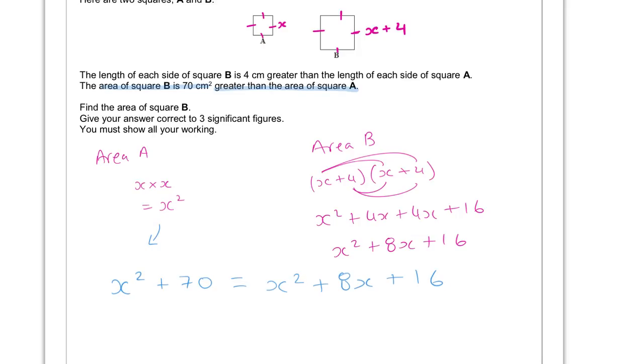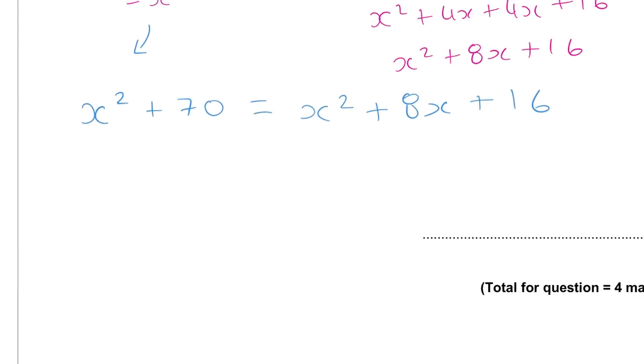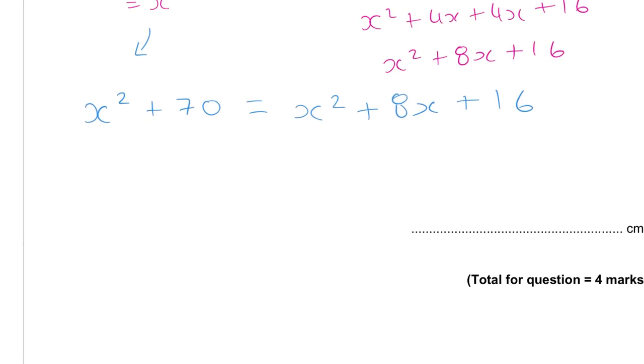Yeah. So I can now simplify this. Now what I find is that I can minus x squared from both sides. That's going to cancel, isn't it? Okay. And then I'm going to minus 16 from both sides. So 70 minus 16, I get 54 equals 8x. How am I going to get x?